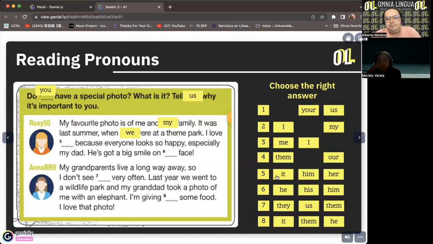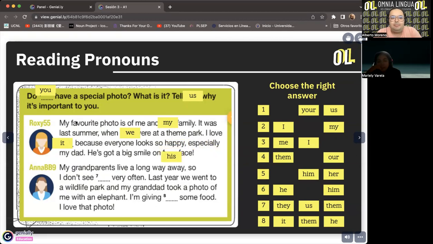I love it. I love it, me gustó el día. I love it because everyone looks so happy, especially my dad. He's got a big smile on his face. His face.